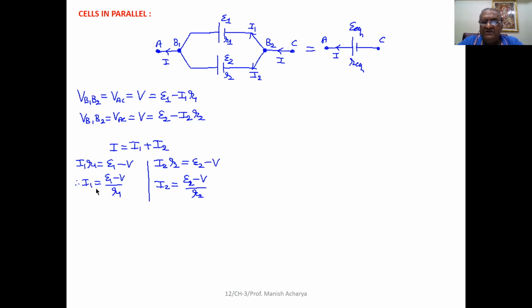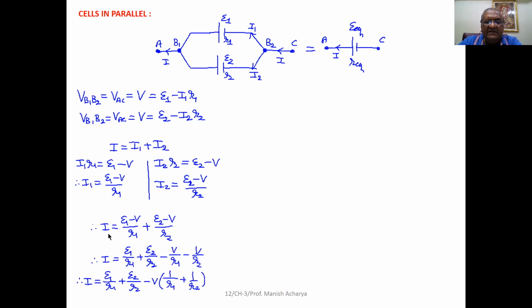Now substitute these values of I1 and I2 in this equation. So I equal to E1 minus V upon R1 plus E2 minus V upon R2.